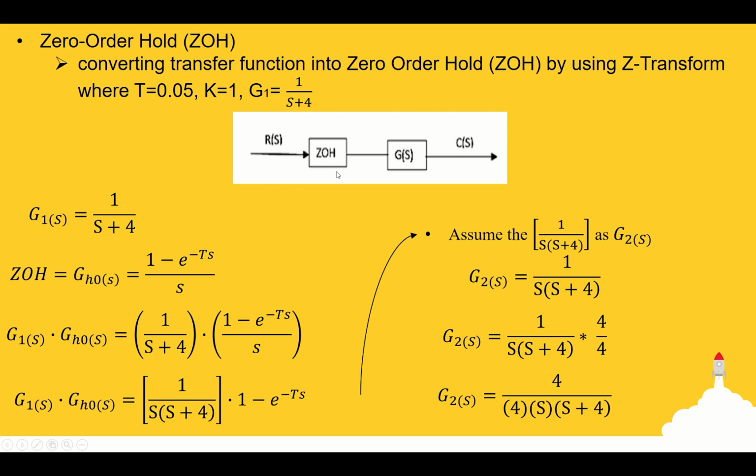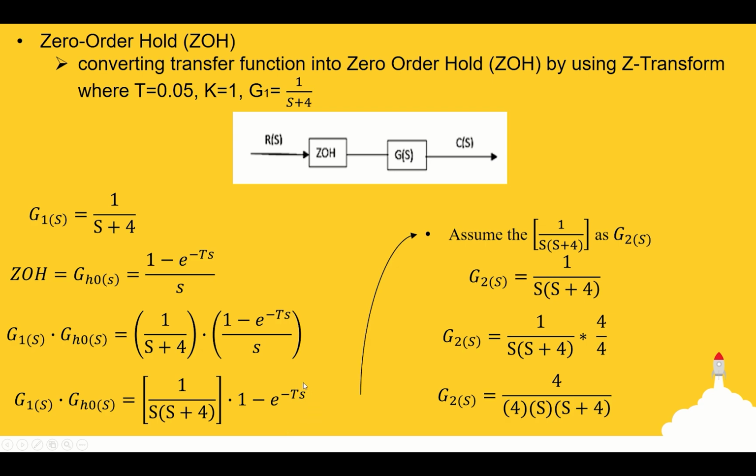We multiply them together. Next, we combine these two blocks into one block: we take our transfer function 1 over s plus 4 and multiply it with the ZOH transfer function, so the output will become like this after multiplying.